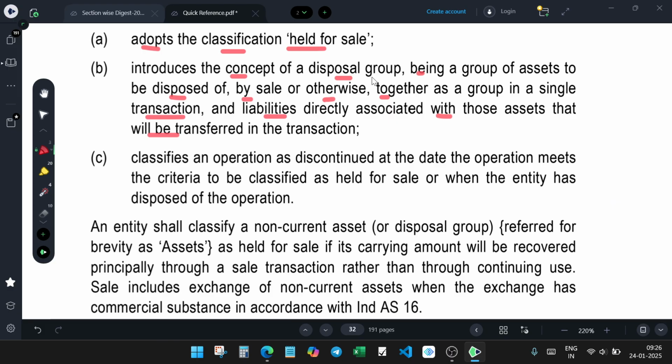We want to pay you this much amount for this liability, and we have this asset. Will you take it? In such a way we can also close it.